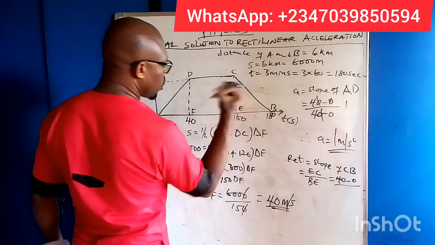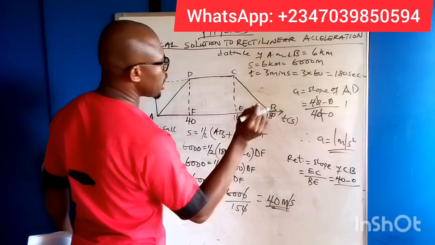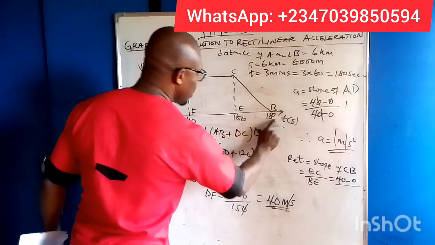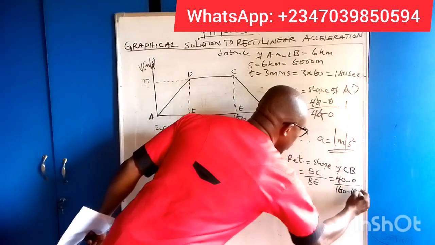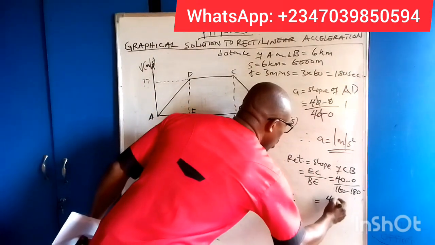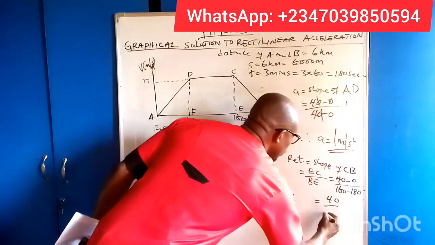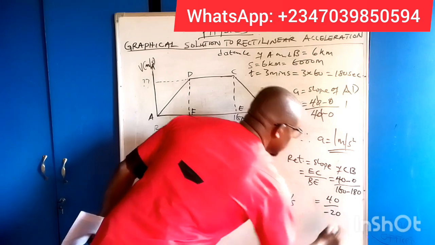Now, like I told you earlier, if you say 180 minus this, it will give you a positive answer. So what you have here, E minus B, 160 minus 180, it will give us that the retardation is 40 all over 160 minus 180, which will give us minus 20.